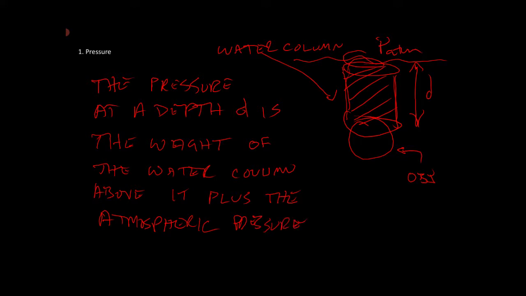And so, you're just walking around right now, and that's the pressure on you, something around 101 kilopascals. And then we're adding more pressure as we go down. So this ball is down here. Above it is a water column of depth D and area A.